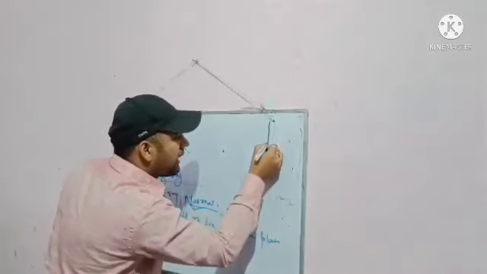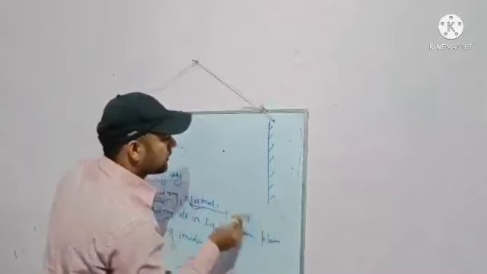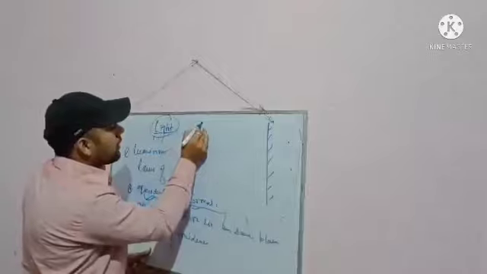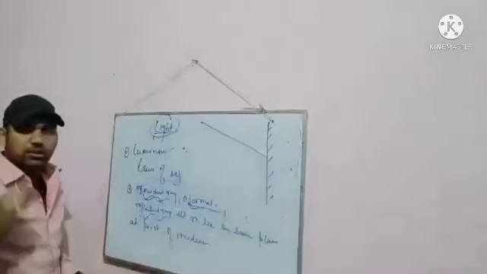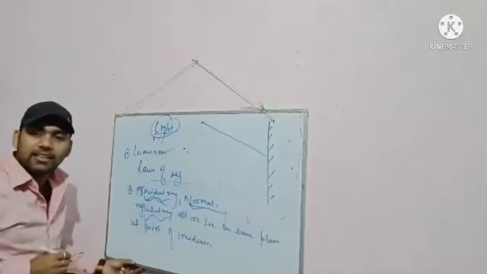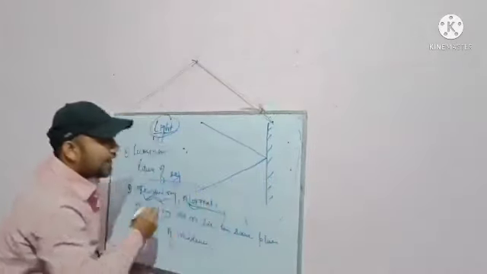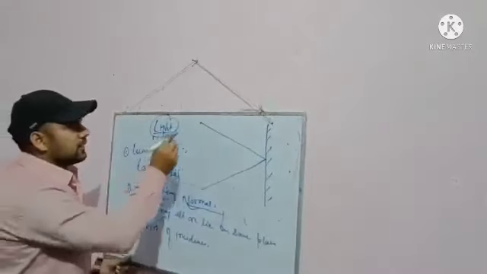At first we have to take a plane surface. Then a light ray touches a point of the plane surface and bounces back on the same path.